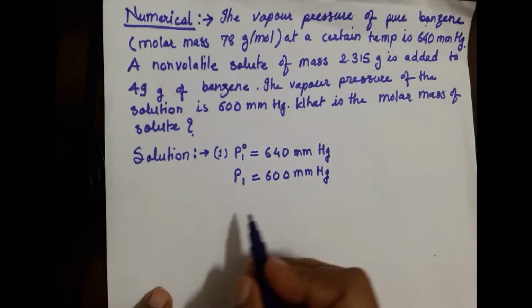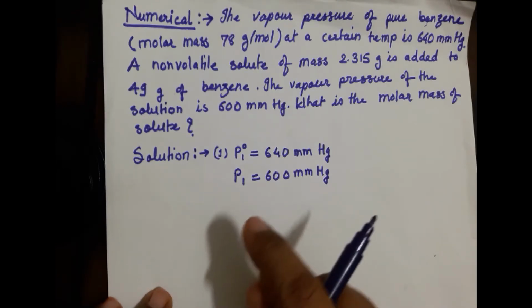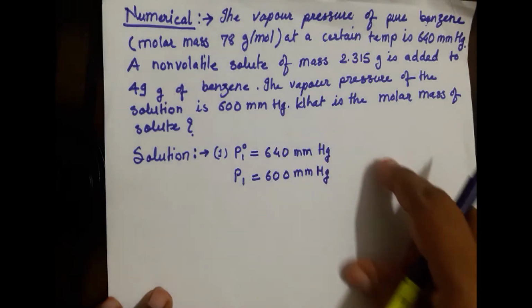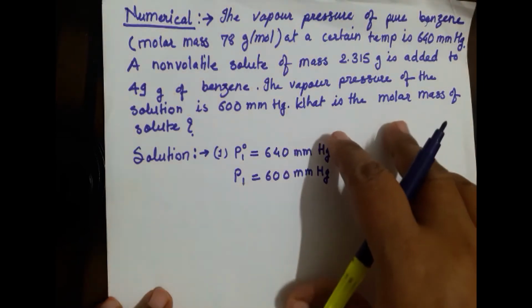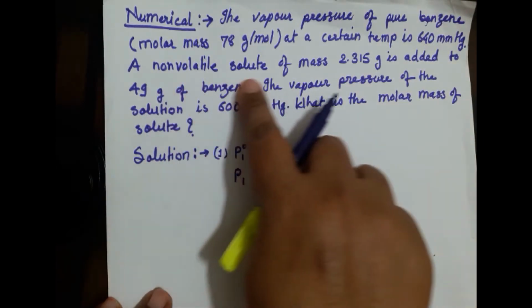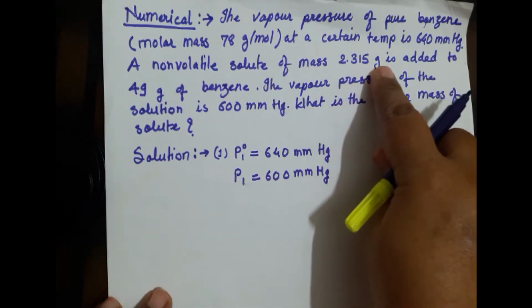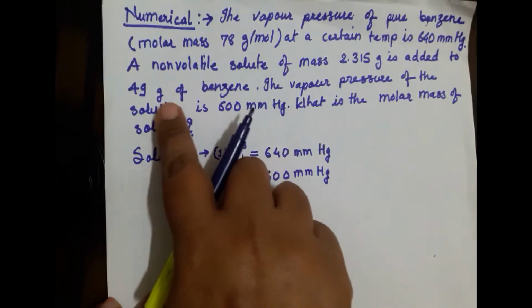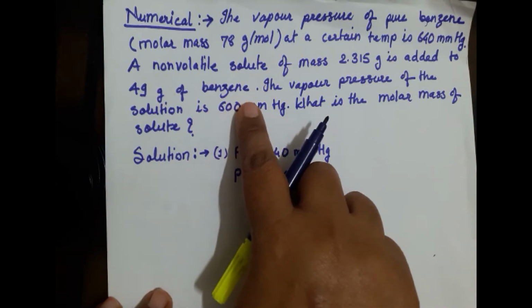Okay. Then next is a non-volatile solute of mass 2.315 added to 49 gram of benzene.